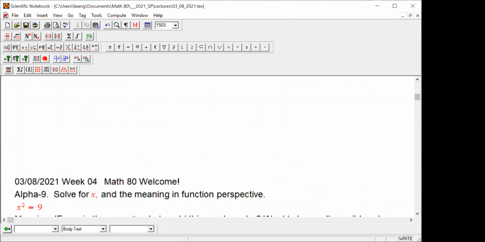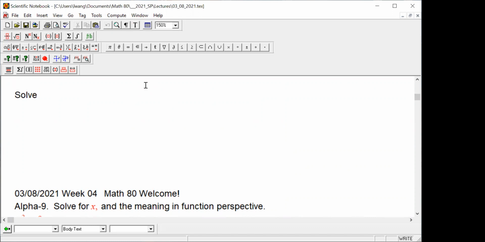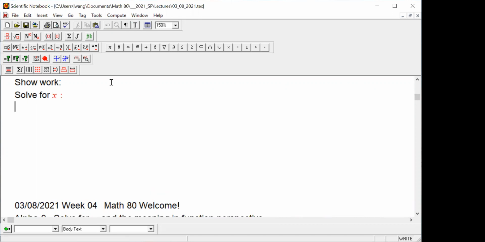Now suppose you are asked to solve for x, show work, no confusion, and the inequality is like this: the absolute value of x is larger than 3.